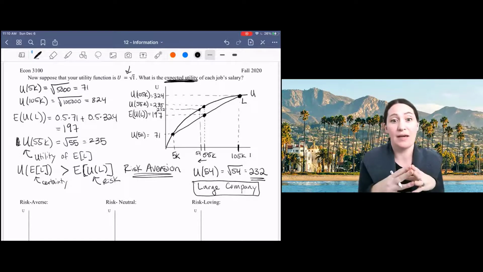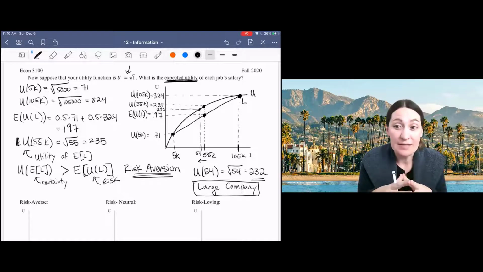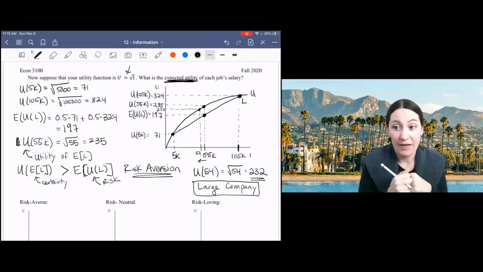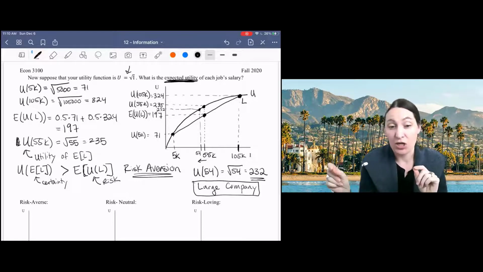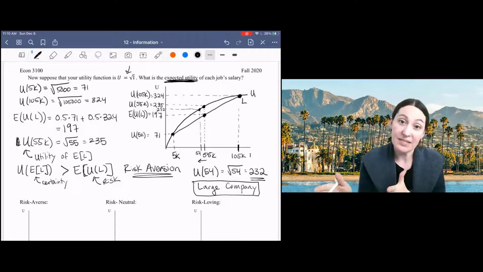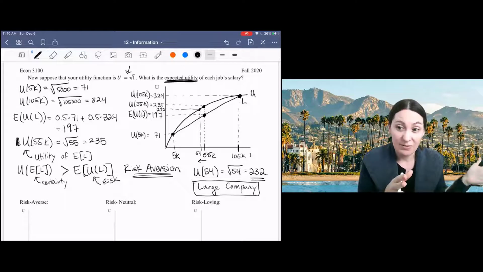And what is the reason that we get risk aversion from this particular utility function? It is due to that assumption of decreasing marginal utility. The fact that the higher our income, the lower we value each additional dollar. And so the potential gains from the upside are lower than the losses from the downside, right?